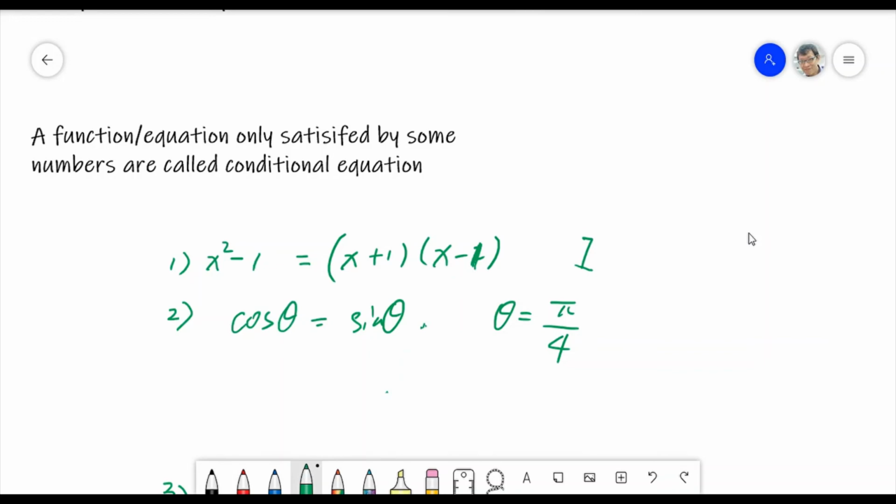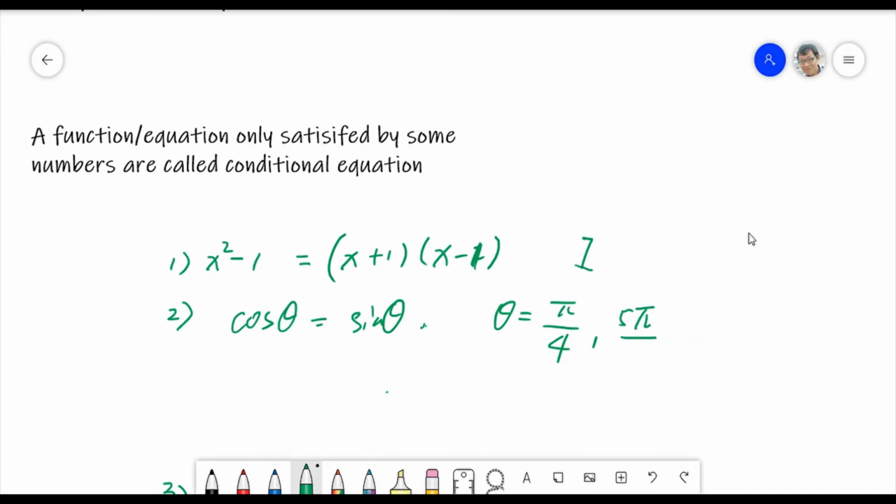And here we can write pi over 4 or 5 pi over 4.